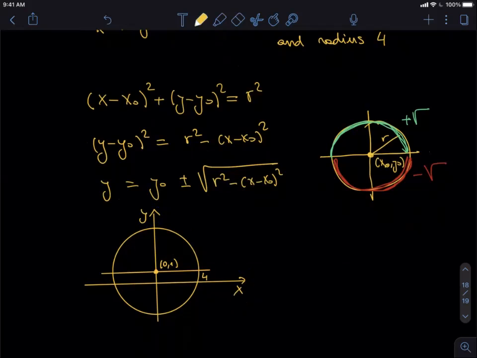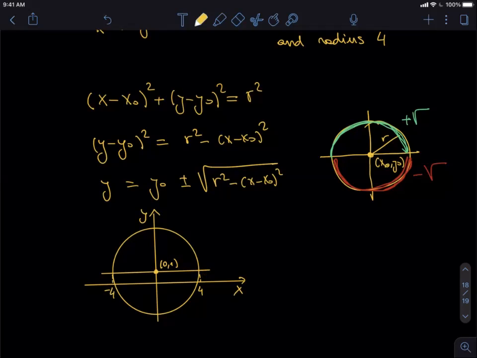Notice this is 1 unit up, and then we have here -4, and this is 4, because that is the radius.